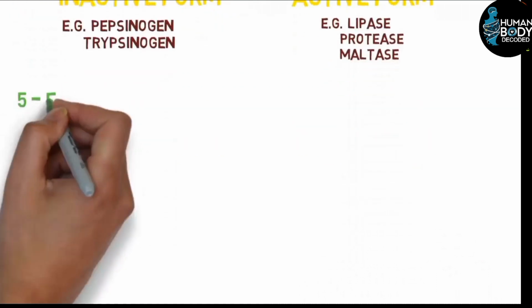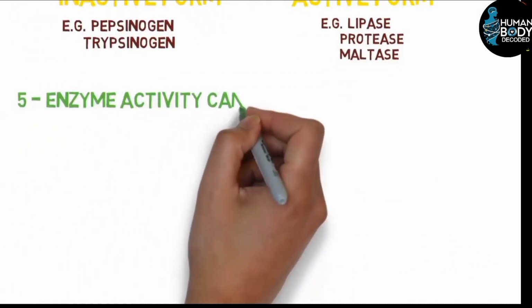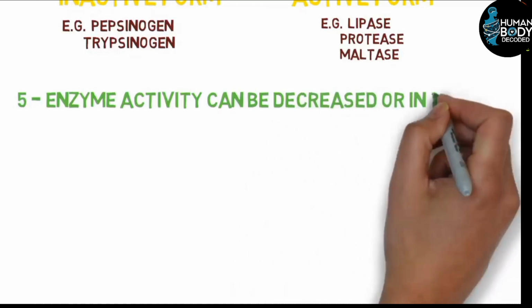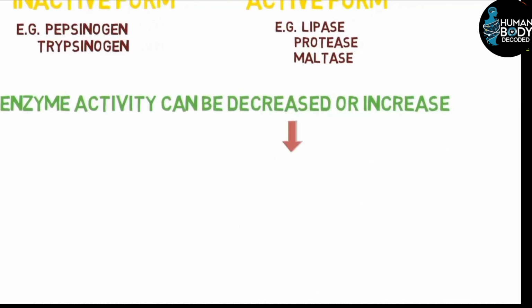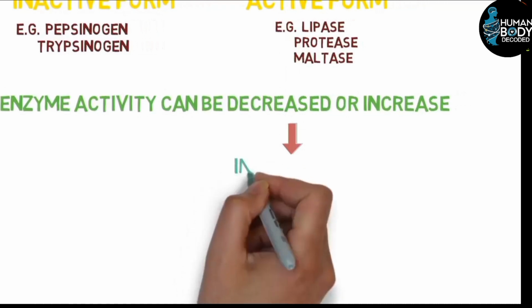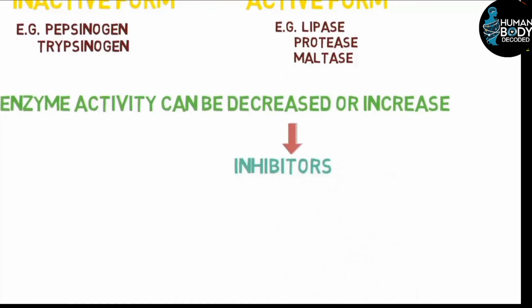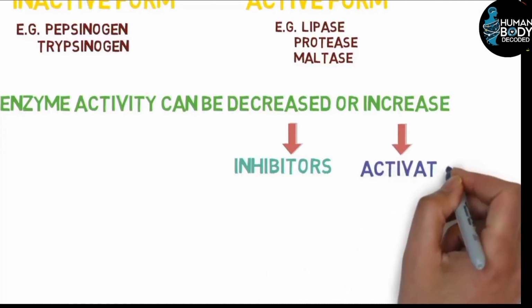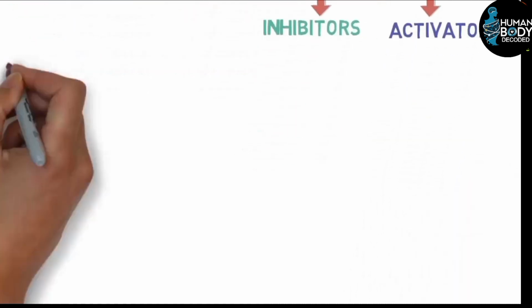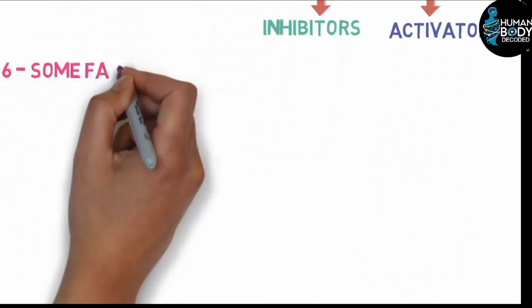The fifth characteristic is that enzyme activity can be increased or decreased. Substances that decrease enzyme activity are called inhibitors, while those that increase enzyme activity are called activators. Now, let me tell you the factors affecting enzyme activity.